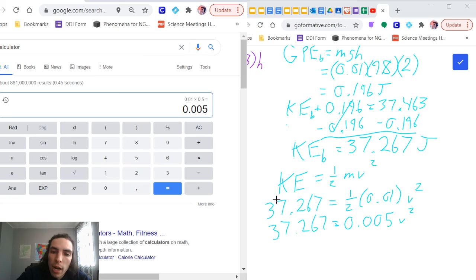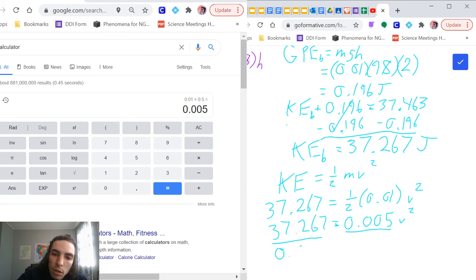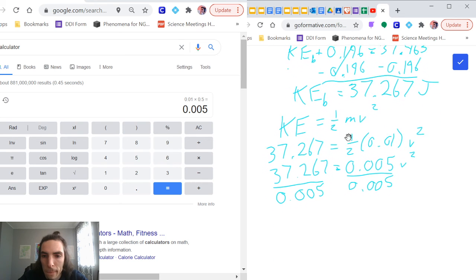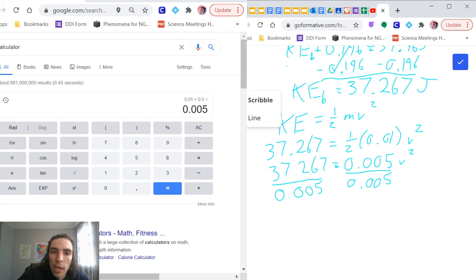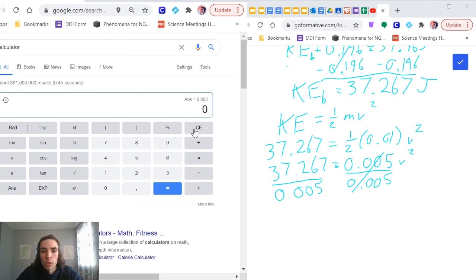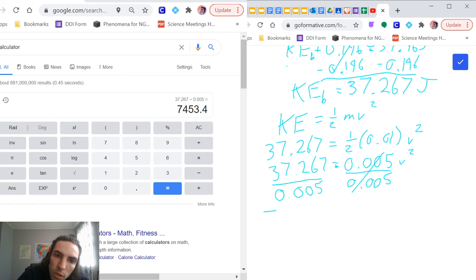And now we're going to divide both sides by this 0.005. And that will cancel out, and let's see what that gives us over here. 37.267 divided by 0.005. Oh boy, 7,453.4.